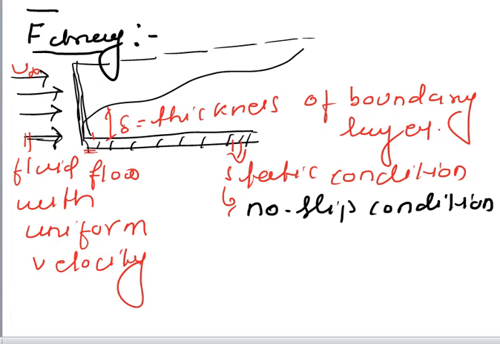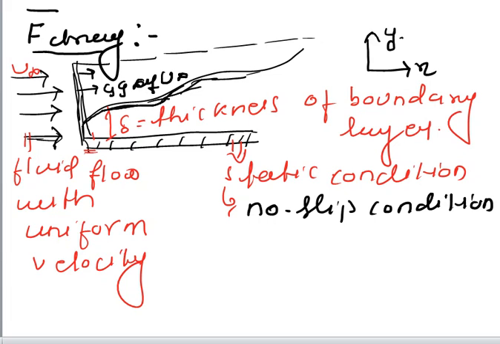Similarly, the velocity gets reduced in both directions, x and y, and as a result we get this form of layer, and above this layer the velocity is approximately 99% of u infinity.